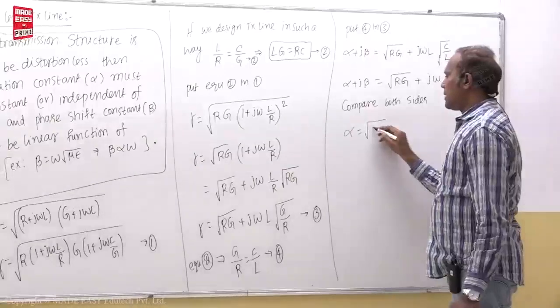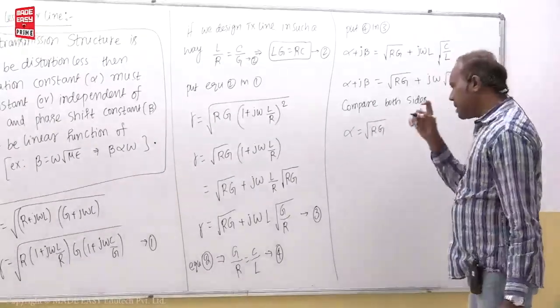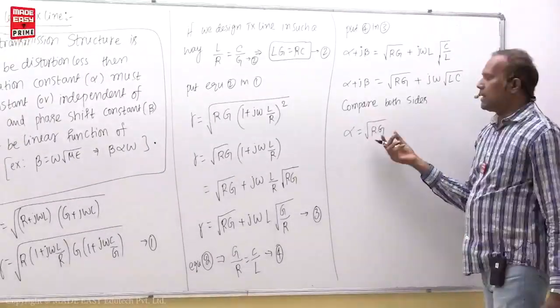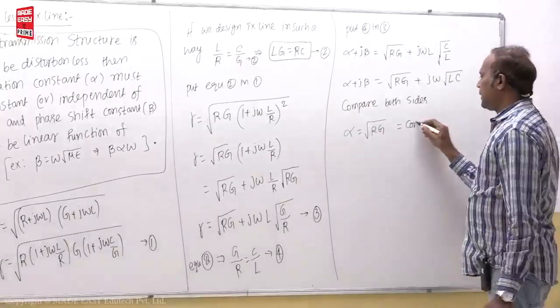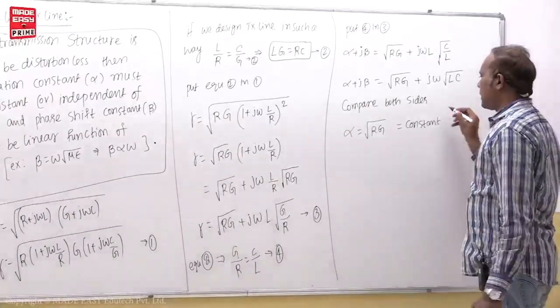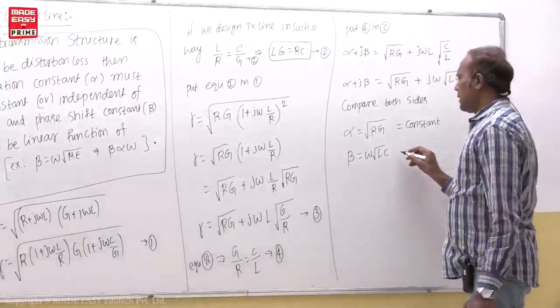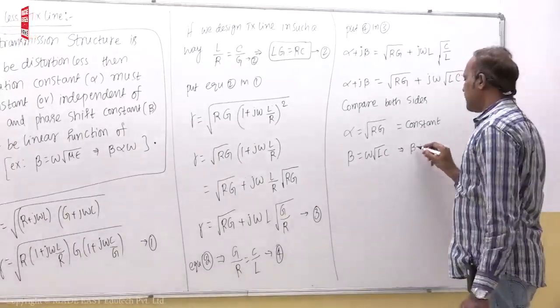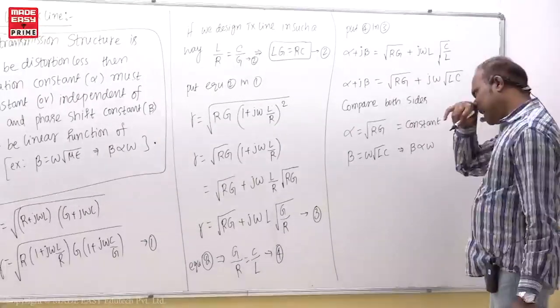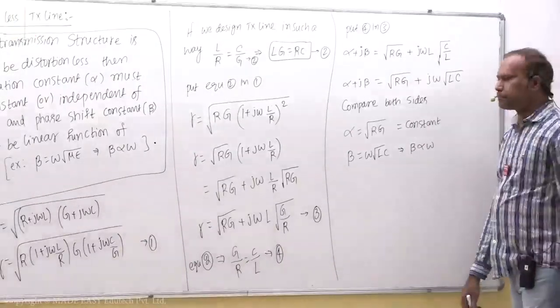So you get alpha is equal to root RG. It is not a function of frequency. So actually it is constant. And beta is equal to omega root LC. So that implies beta is proportional to omega. It is a linear function of frequency.